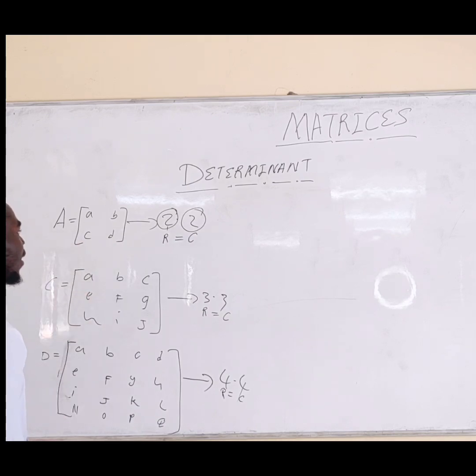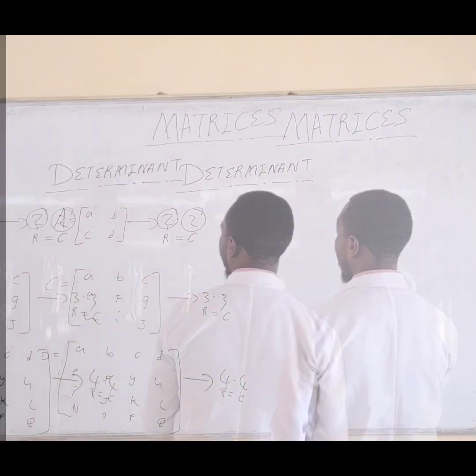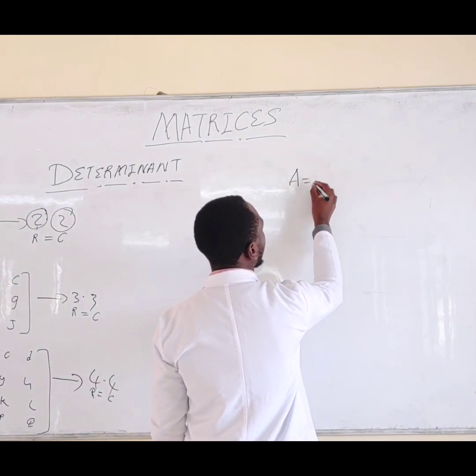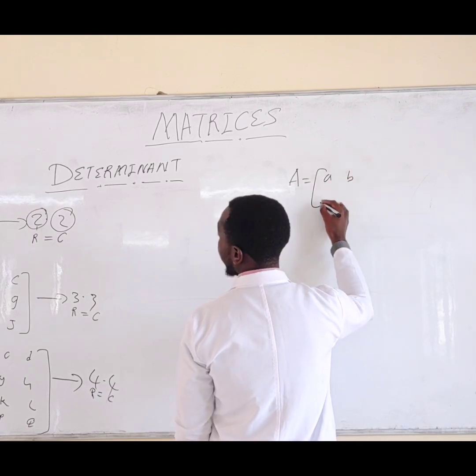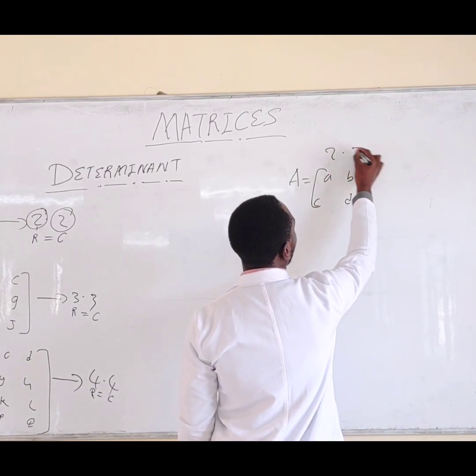When you start with the determinant of matrix A, this matrix A is an example of a 2 by 2 matrix. It's an example of a square matrix which is 2 by 2. So to find the determinant of a matrix A, A, B, C, D, this is your 2 by 2 matrix.